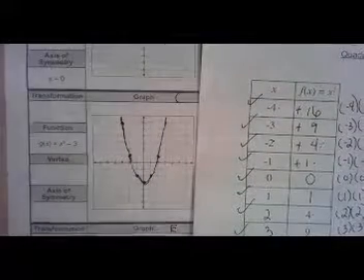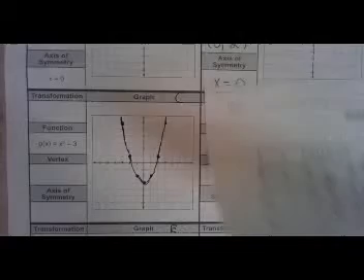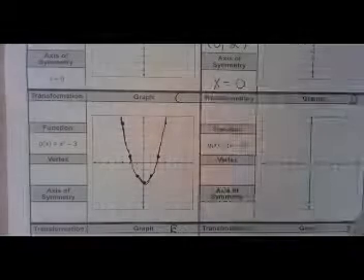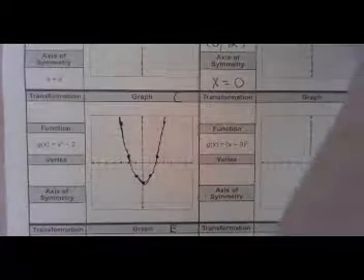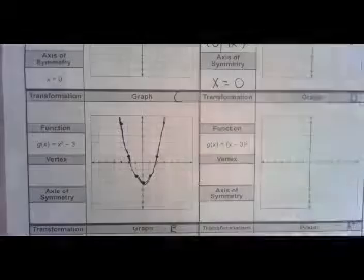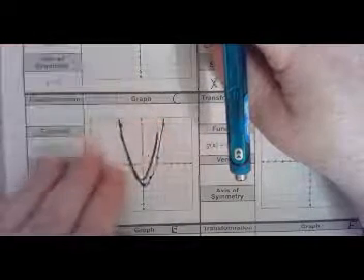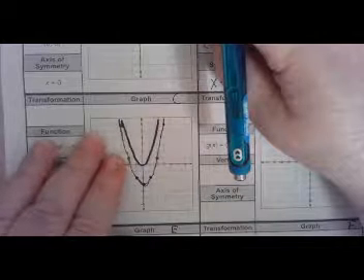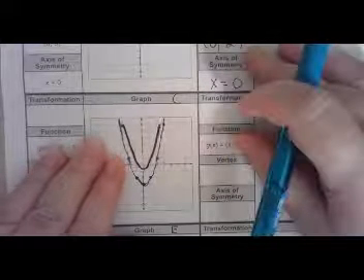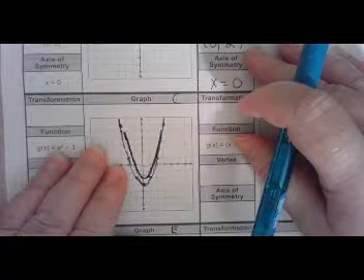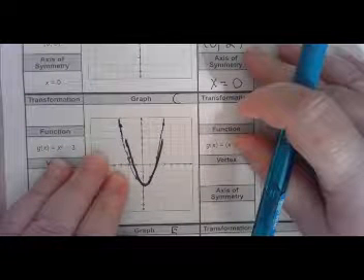Okay, our vertex, our x is still 0. Oh wait, let's do our transformation first. So our transformation was, we go down 1, 2, 3. There we are. Okay. Transformation.